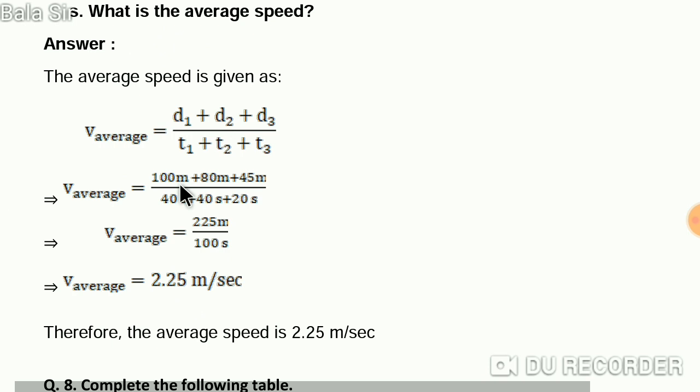So 100 plus 80 plus 45 upon 40 plus 40 plus 20. So 100 plus 80 plus 45 is 225 upon 40 plus 40 plus 20 becomes 100. So the average speed is 2.25 meter per second.